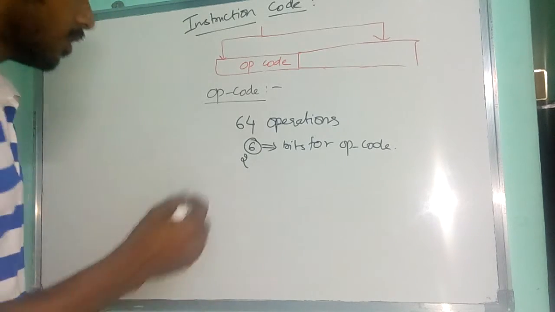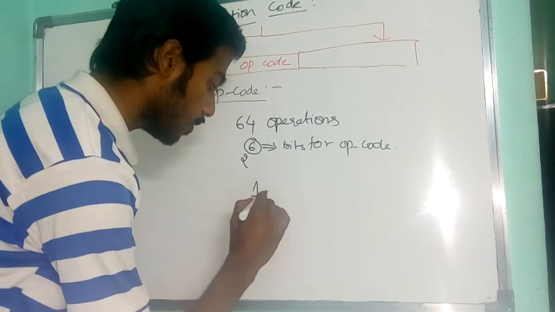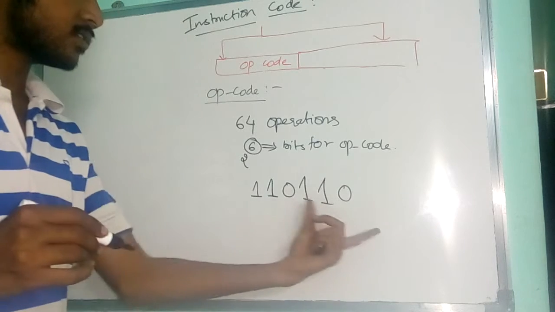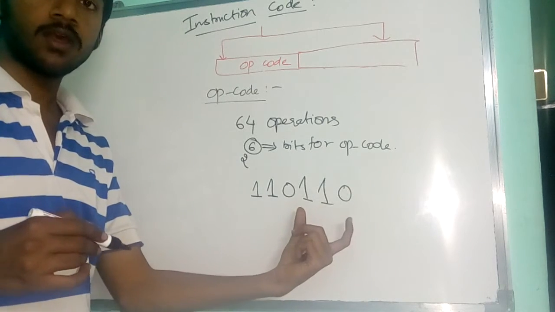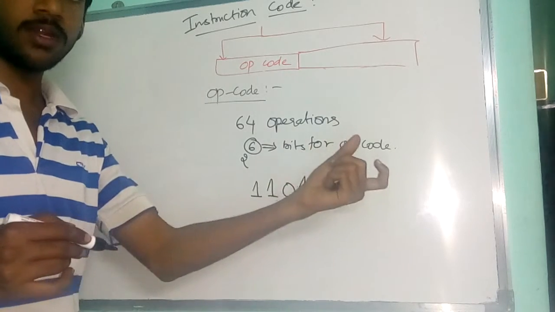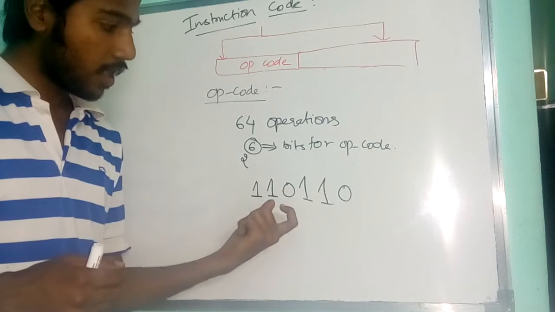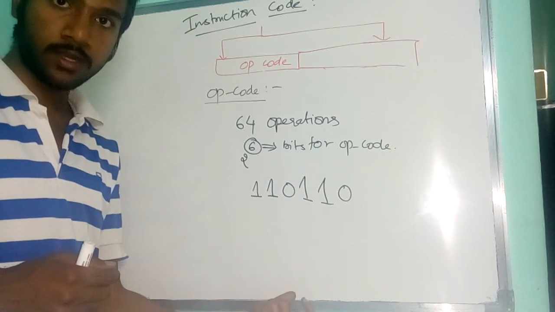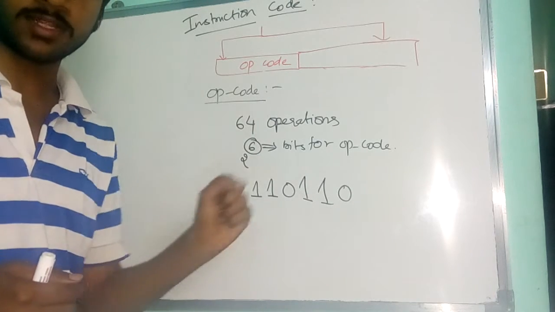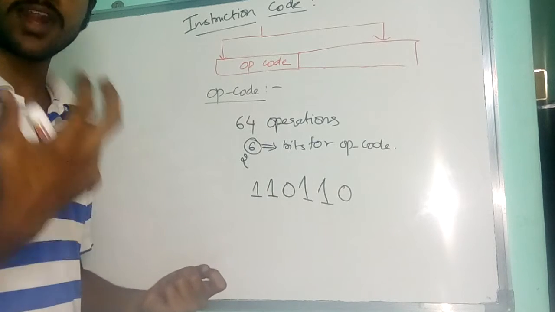Suppose addition is one of my operations and 1 1 0 1 1 0 is my 6-bit opcode which tells the computer to perform the addition operation. Whenever this opcode is decoded, the computer will send the control signals saying that I have received the opcode for addition.